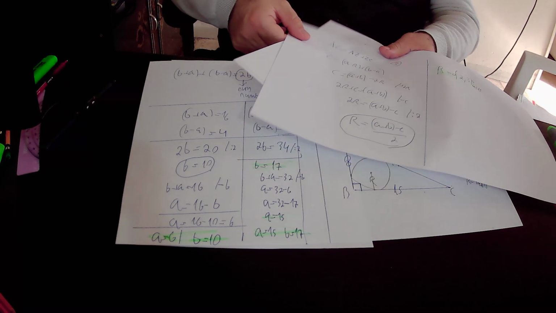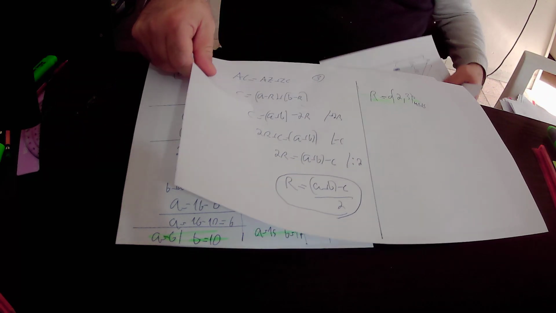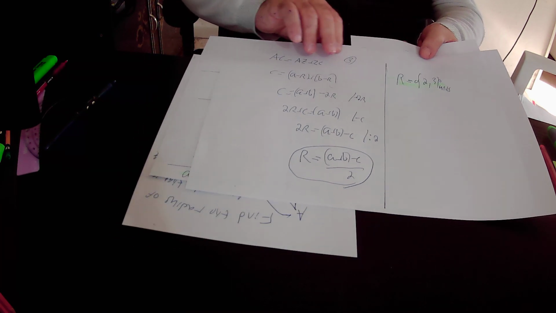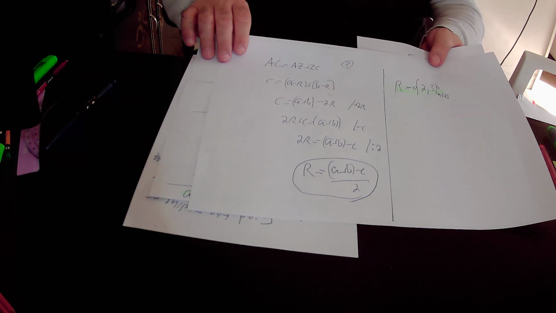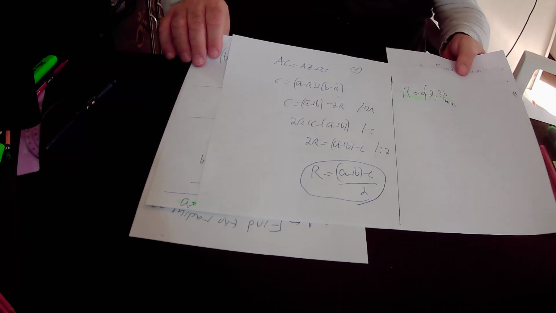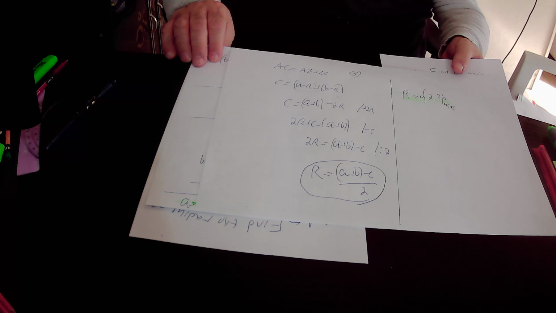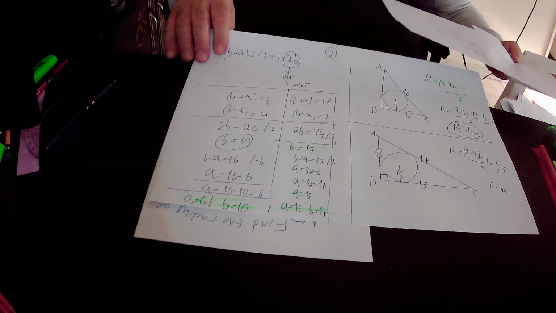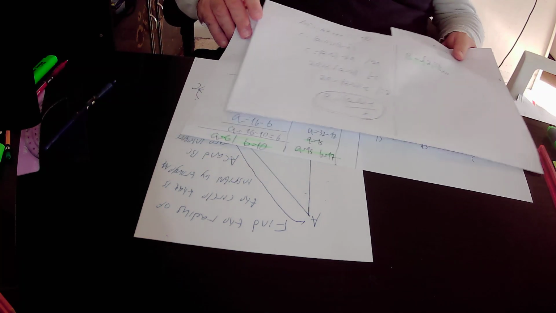So in conclusion, we have two solutions to the question. The radius of the circle described by the right triangle, triangle ABC, could be equal to 2 units or to 3 units. Okay, we finished with the first question.